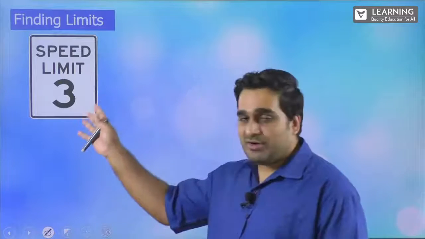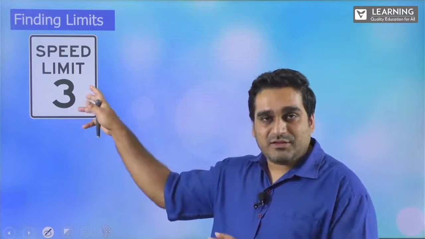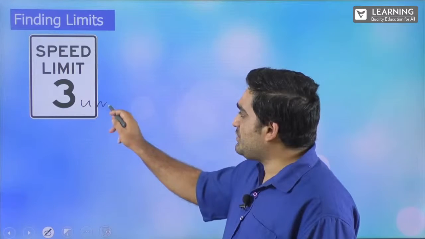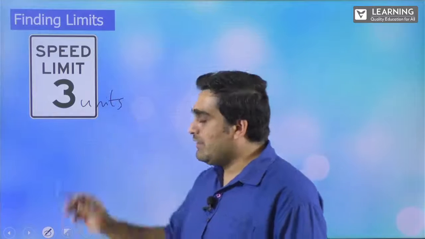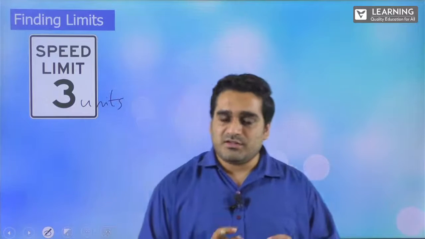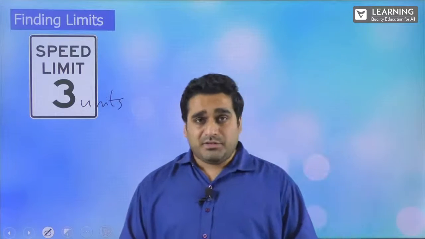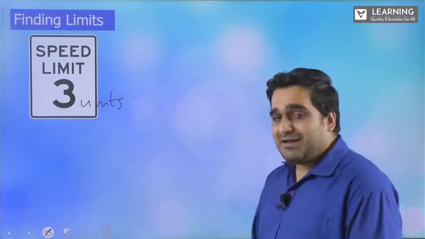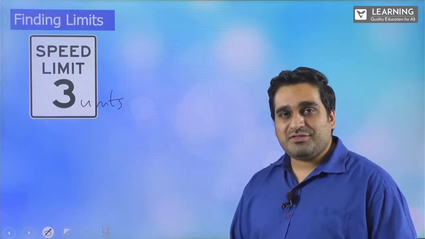So we do not know exactly what the SI unit is, but let's say 3 units. Speed limit is 3 units. So what happens if you go beyond the speed limit of 3 units? Well, bad luck. If a police officer catches you, then you'll be in trouble.